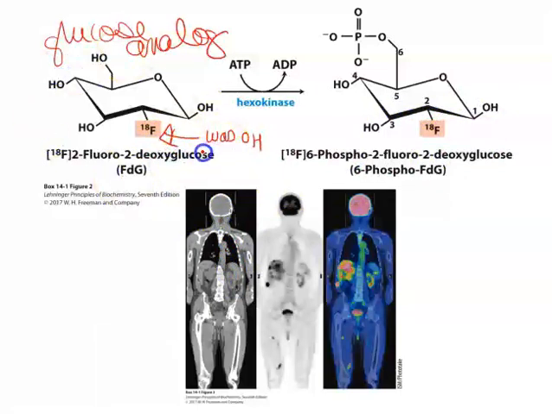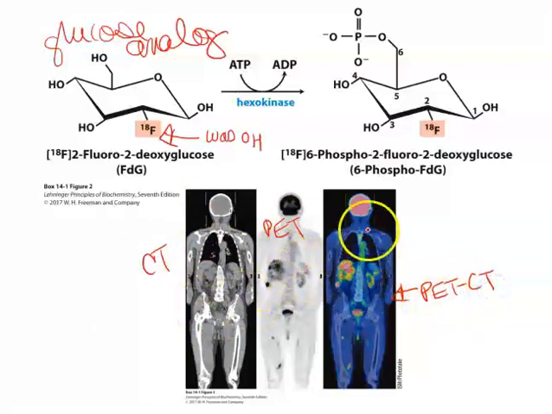Now, this molecule is used as a radio tracer in positron emission tomography studies to look for locations where there are very active cells in the body, meaning cells that are using a lot of glucose in the body. And if we couple a CT image with a PET image, right? We have here, this is PET CT. When we overlay those images, we can very clearly see locations of metastases in the body.